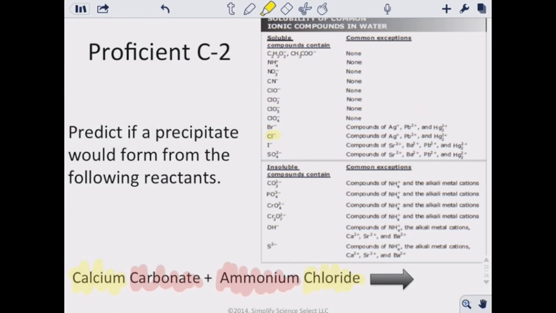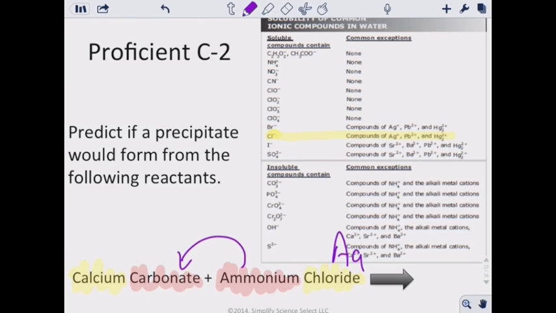Here we go, there's the chlorine. Does it have any exceptions? If chlorine is bonded, it's in the soluble list, but if it's bonded to silver, lead 2, or mercury 2, it's not. So our calcium chloride is going to be aqueous. Then we have ammonium bonded to carbonate.